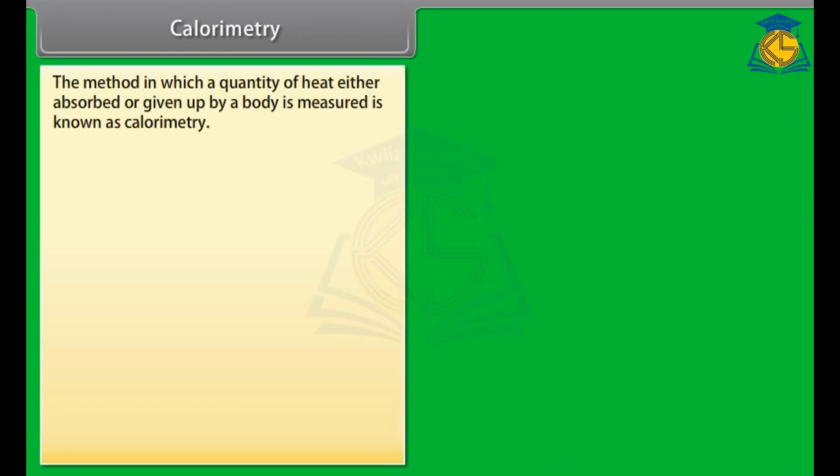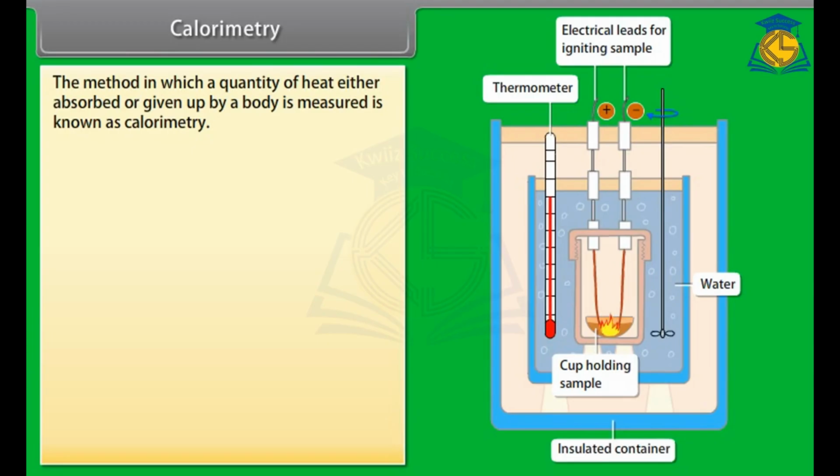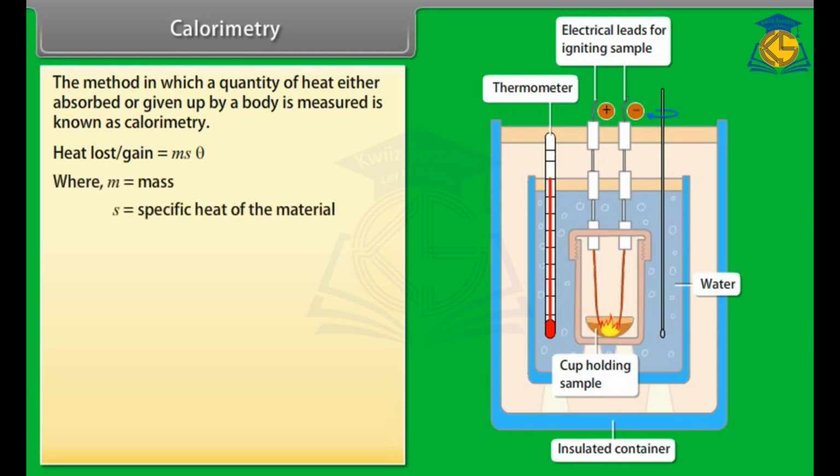Calorimetry. The method in which a quantity of heat either absorbed or given up by a body is measured is known as calorimetry. Heat loss or gain is equal to m s theta, where m is mass, s is specific heat of the material, and theta is change in temperature.